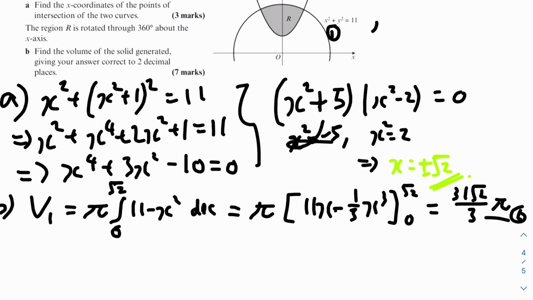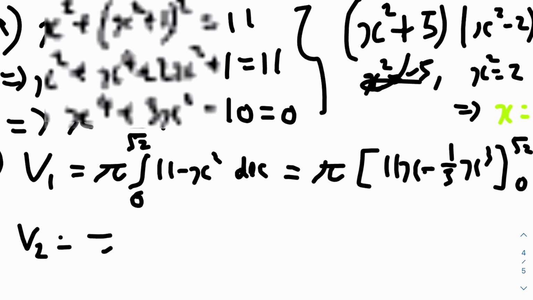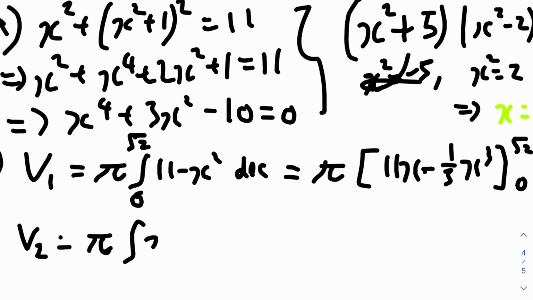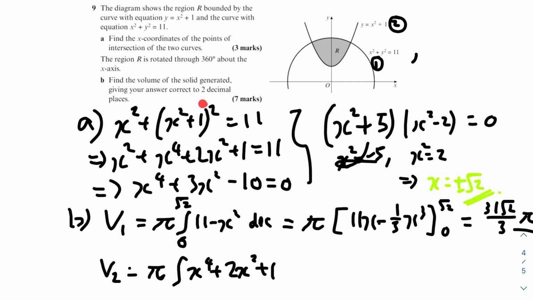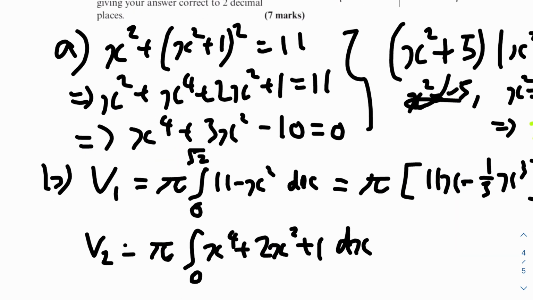The volume under curve 2: y squared is x squared plus 1, squared, so it's pi times the integral of x to the power 4 plus 2x squared plus 1, dx, from x equals 0 to x equals root 2.